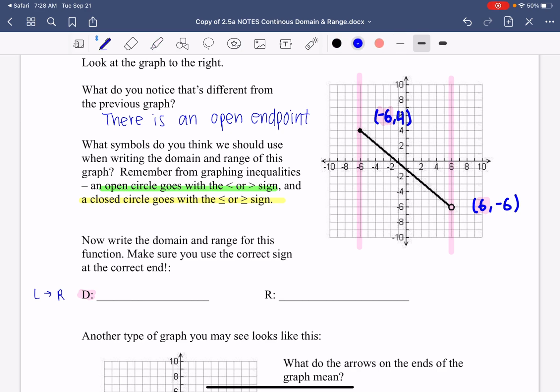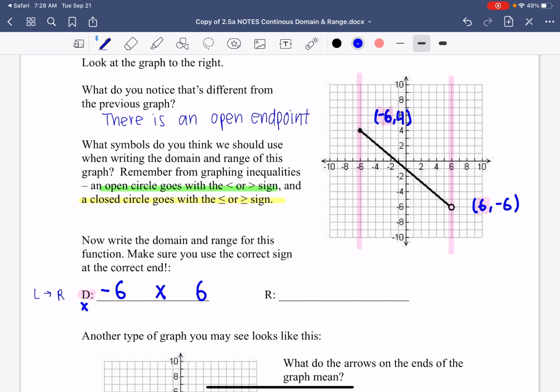Okay, so when we write this domain and range, -6 will go on the left, 6 will go on the right. Because domain talks about our x values, x will go in the middle. Now, the hardest part, determining if we use greater than or less than, or greater than or equal to, less than or equal to. As long as our smallest point goes first, our inequalities will always face the same way.